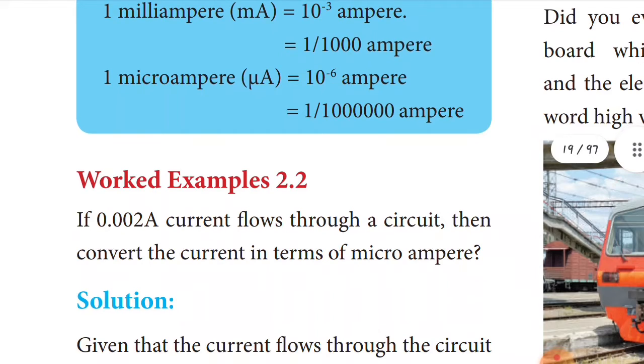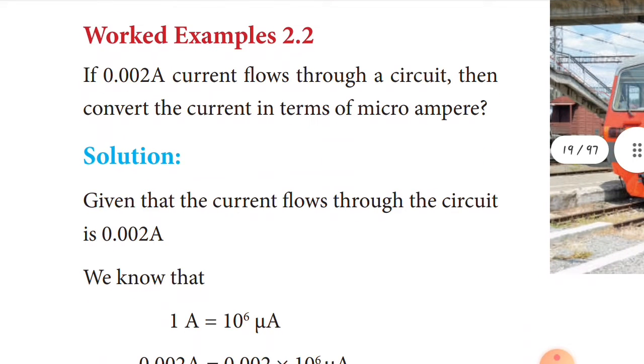Fine. Here is one simple worked example, children. The current flowing through the circuit is 0.002 ampere.